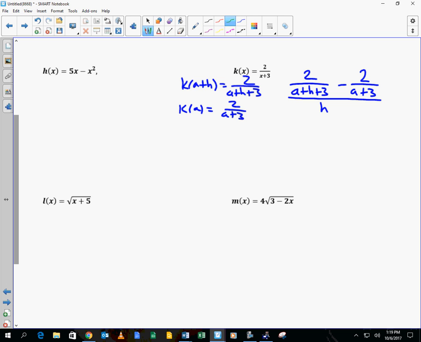So what do I do then? This is a complex fraction. I'm going to make one fraction by common denominator. So A plus H plus 3, and A plus 3.